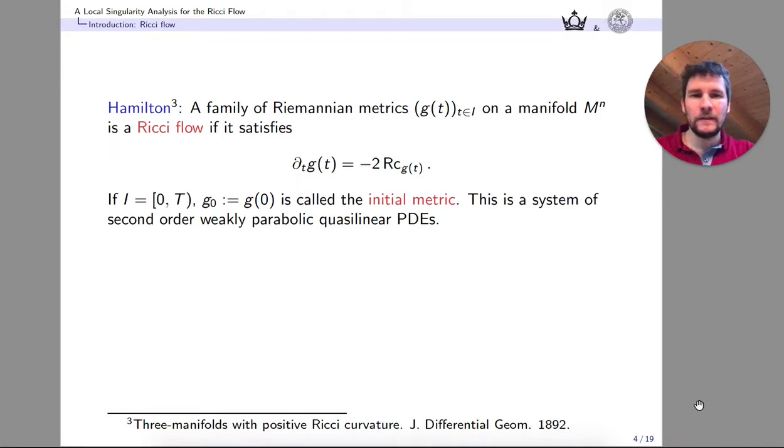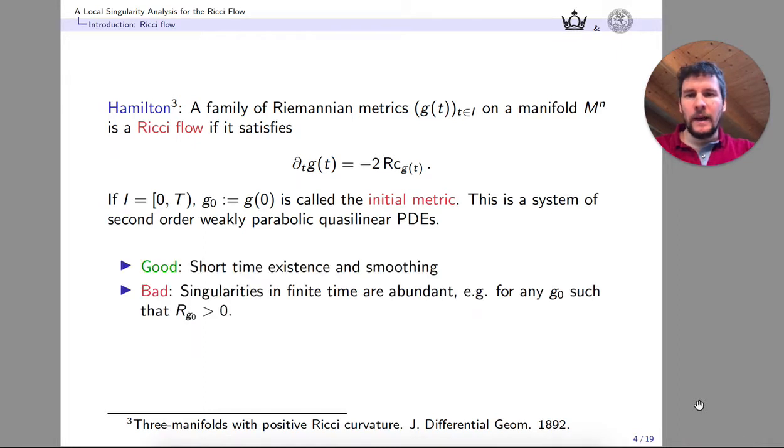As I just said, this is a system which is roughly a heat equation, but it's non-linear, quasi-linear, weakly parabolic, and of course it's a system of second order. Equations of this type have some good properties: we have short time existence and some short time smoothing effects.